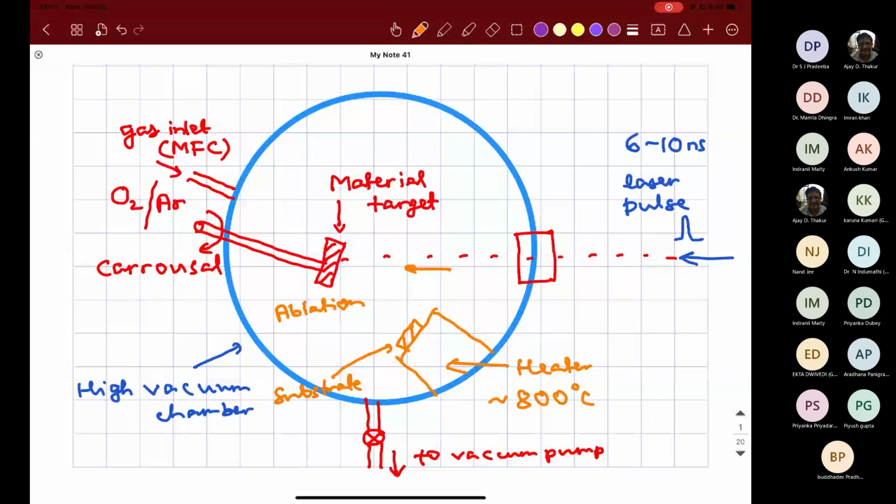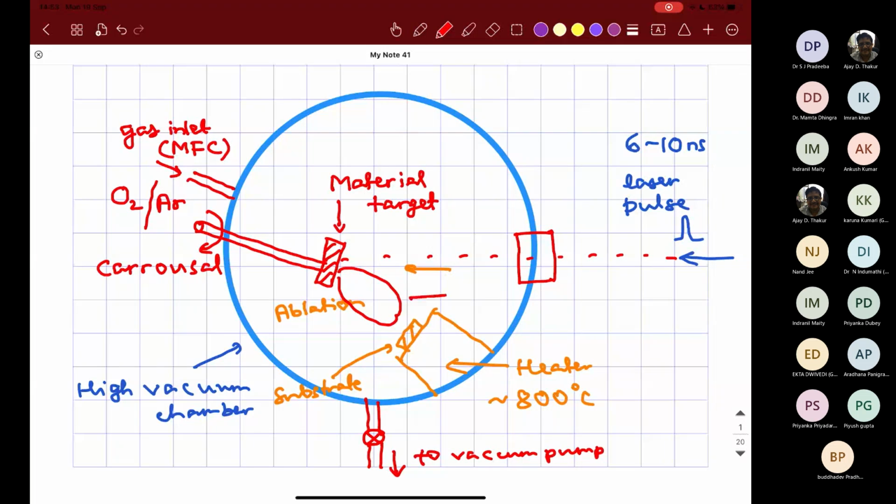So basically the laser pulse travels all the way. Suppose I design a pulse. Let me just draw it again. So I have a single pulse. The pulse travels all the way, hits the target, and then a plasma plume is formed.